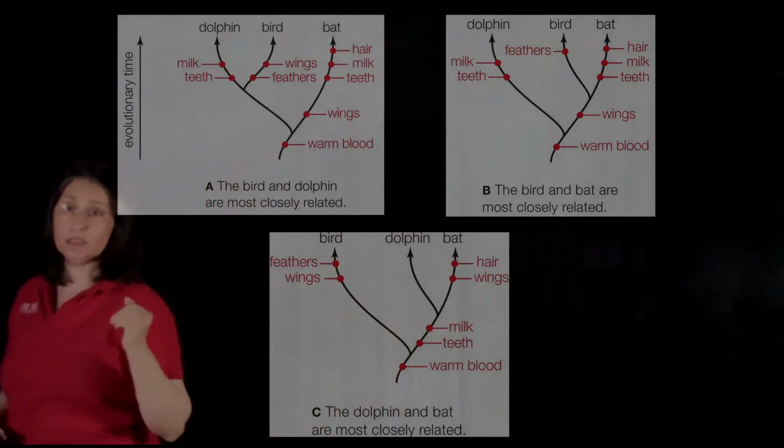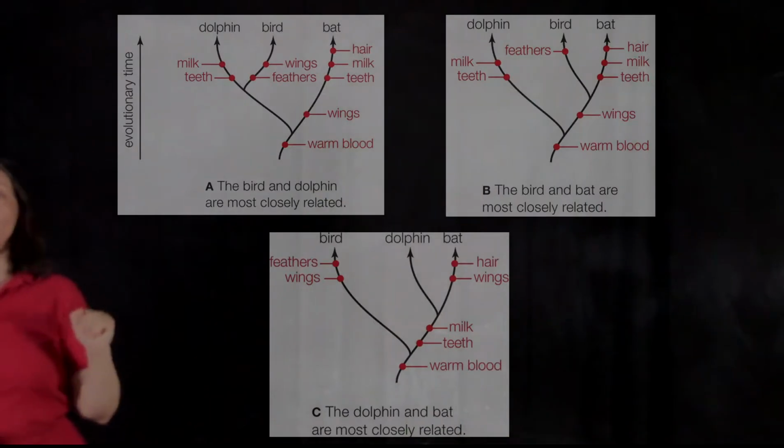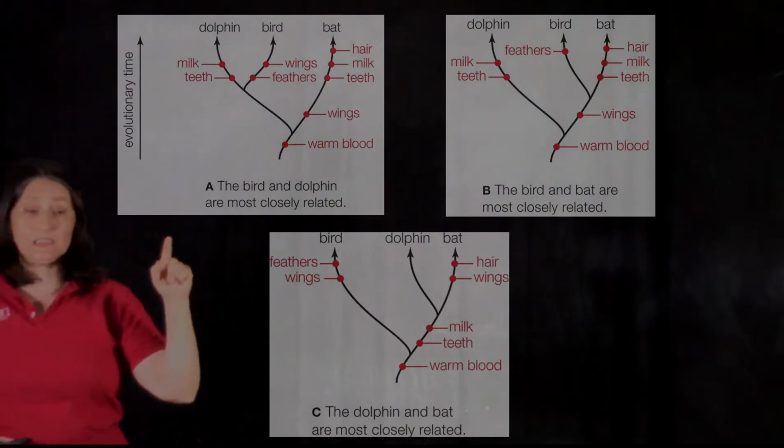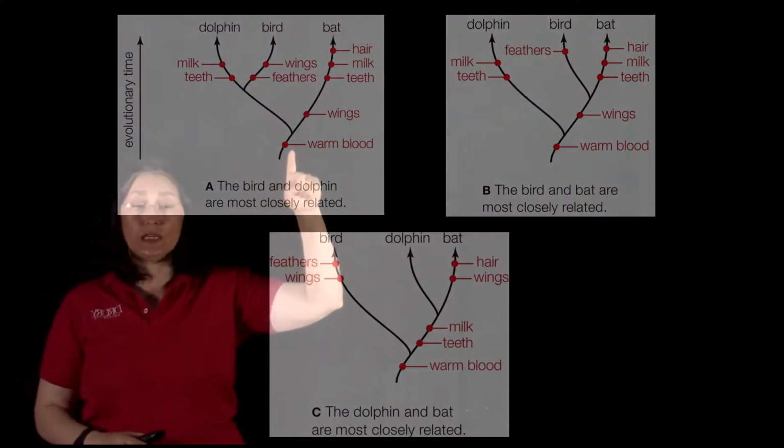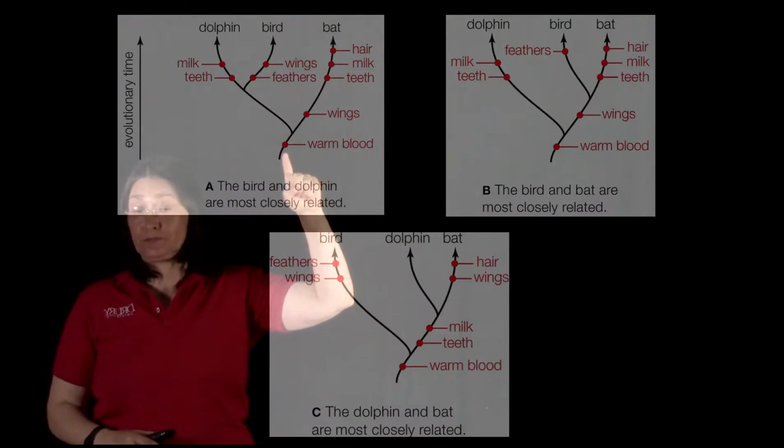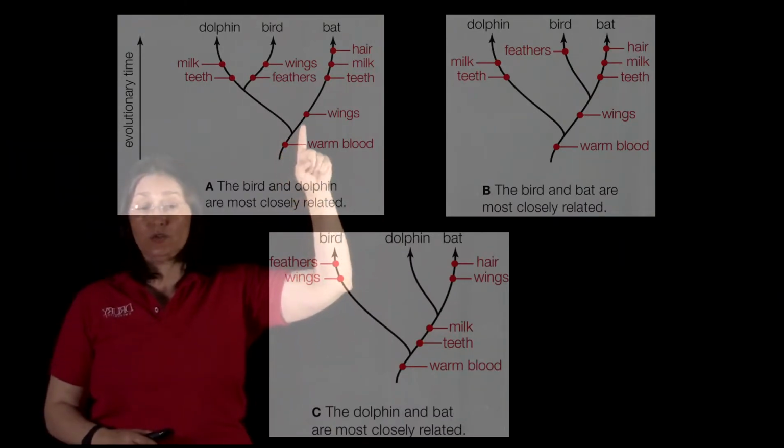So take a moment, turn the video off, and count how many times a new derived trait has been acquired, right? So just count the red dots.